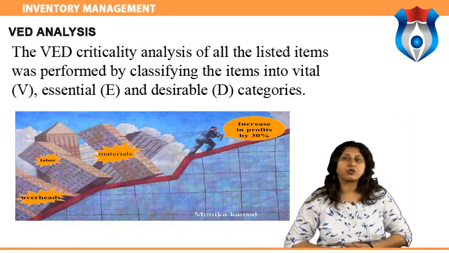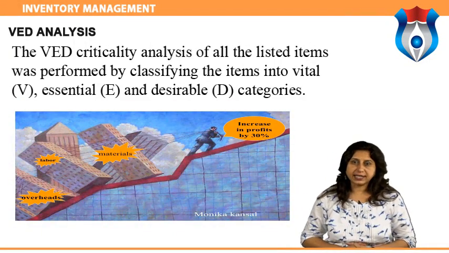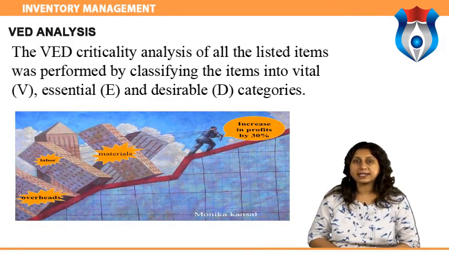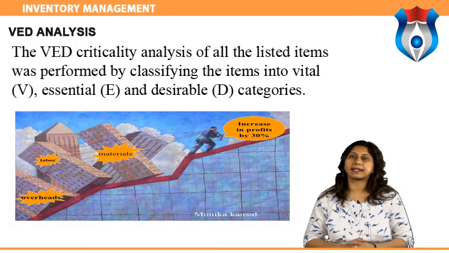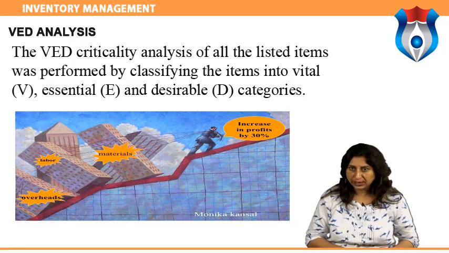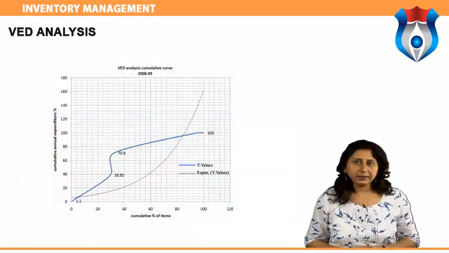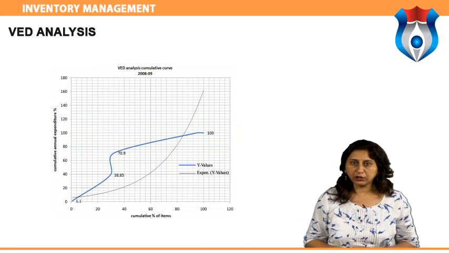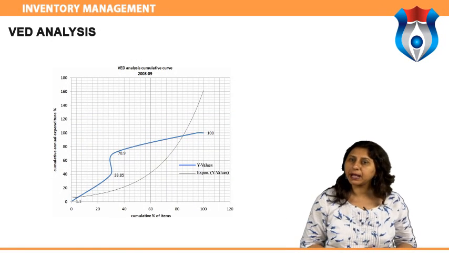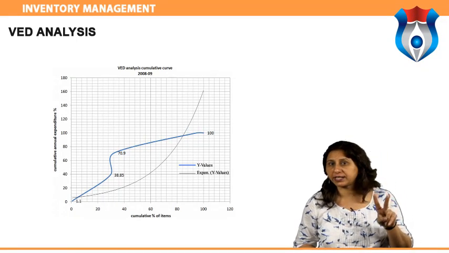Let's discuss VED analysis. The VED criticality analysis of all the listed items was performed by classifying the items into vital V, essential E, and desirable D categories. The items critically needed for the survival of the patients and those that must be available at all times were included in the V category.